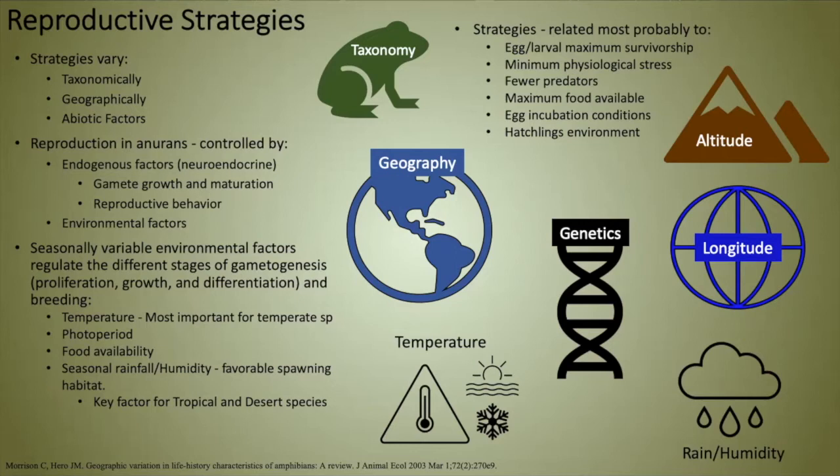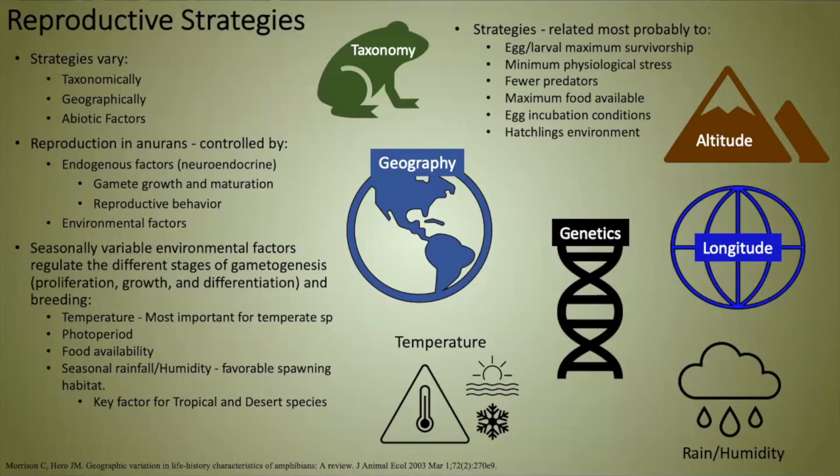The most common factors that affect reproductive strategies are temperature, photoperiod, food availability, and seasonal rainfall or humidity, among others. For tropical, subtropical, and desert species, seasonal rainfall and humidity is the most relevant factor. For temperate species, usually it's temperature, although there is evidence that photoperiod is also important.